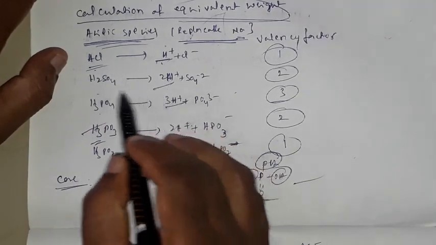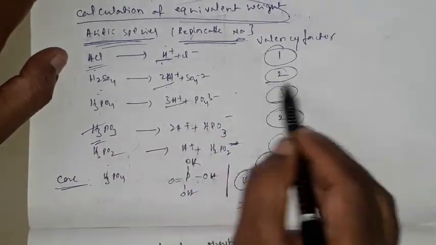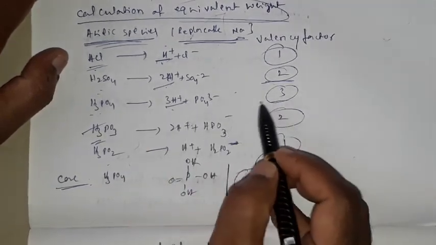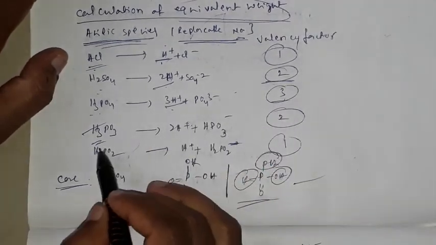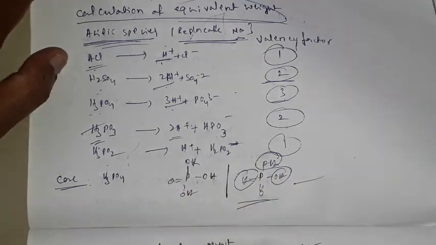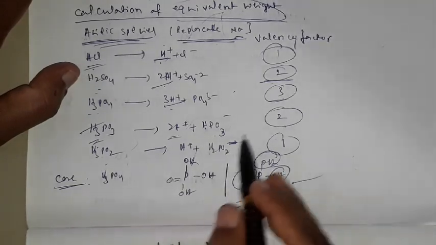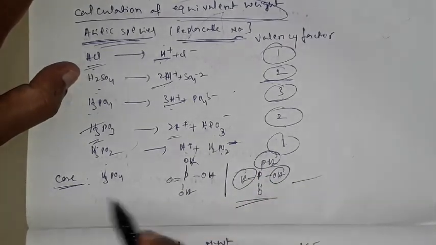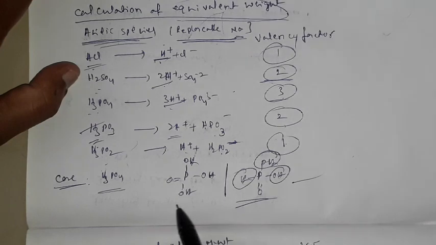HCl is H plus, H2SO4 has 2H plus, so valency factor 2, H3PO4 has 3H plus and PO4 3 minus, so 3, H3PO3 has 2H plus and HPO3 minus, so 2. This way, H3PO2 is H plus and H2PO2 minus, so 1.